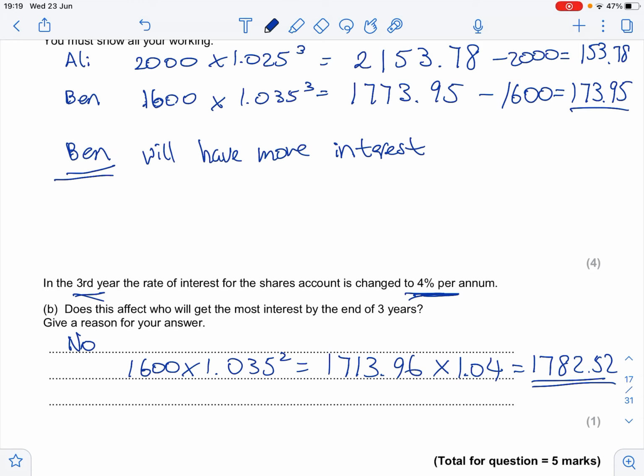Then subtract his original amount, so his interest is now 182.52. So all you have to say is there's no change, because Ben still received 182.5 and is still greater than Ali.